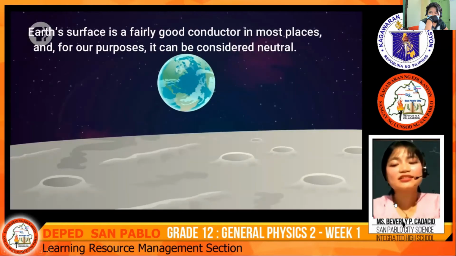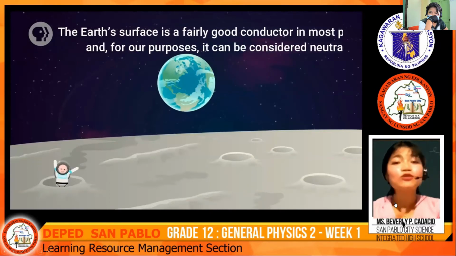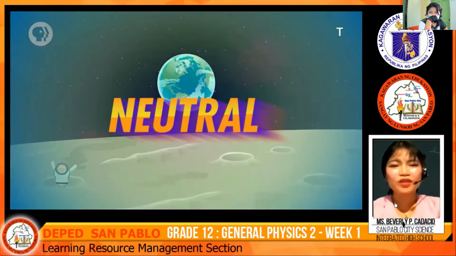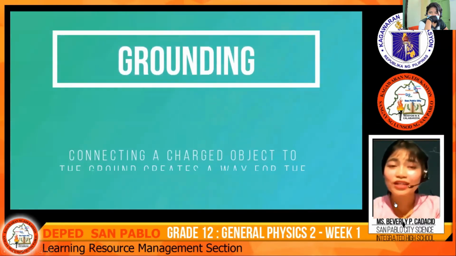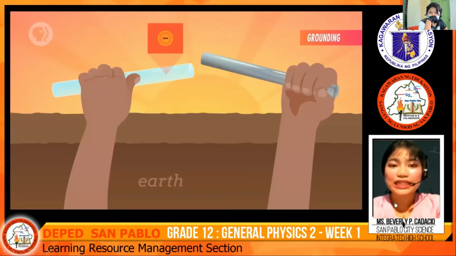The Earth's surface is a fairly good conductor. In most places and for our purposes, it can be considered neutral. So, connecting a charged object to the ground creates a way for the charge to leak into the earth, rendering the object electrically neutral. We call it grounding.